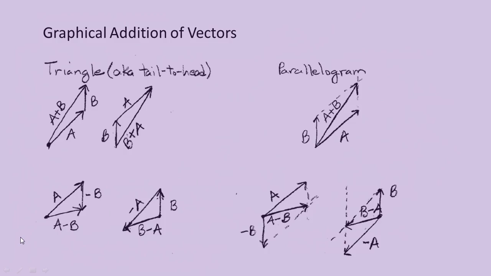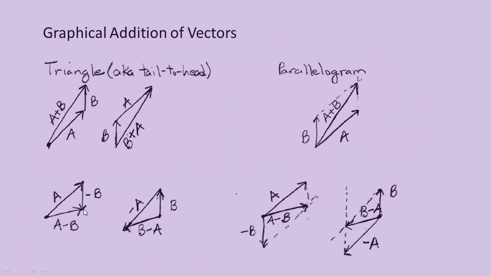Let's take a look at vector subtraction. We're going to take the same two vectors that we had in the first problem, only we're going to subtract B from A. Now remember back in properties that negative B is the same vector as B except it points in the opposite direction.